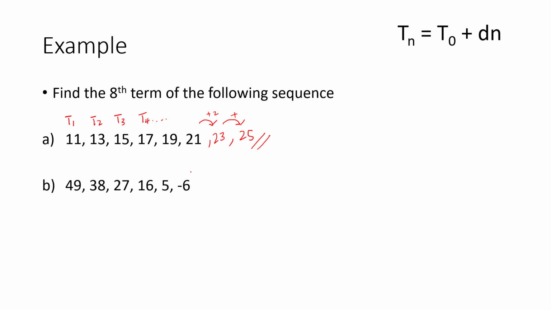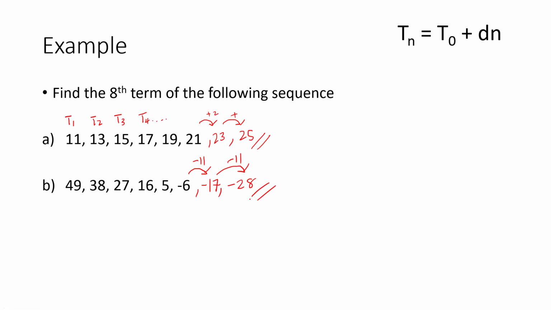For part B, I will minus 11 and minus 11 again. So I will get negative 17 followed by negative 28. So negative 28 will be my answer.